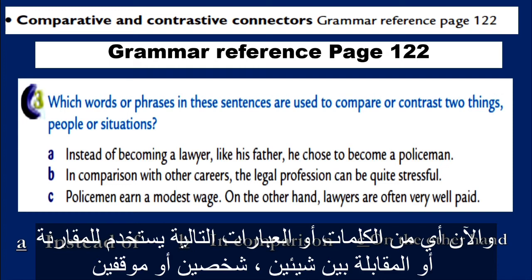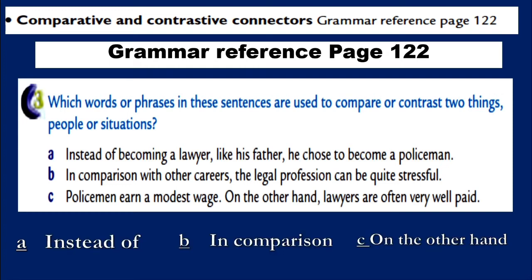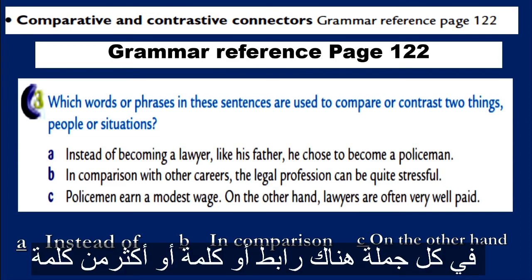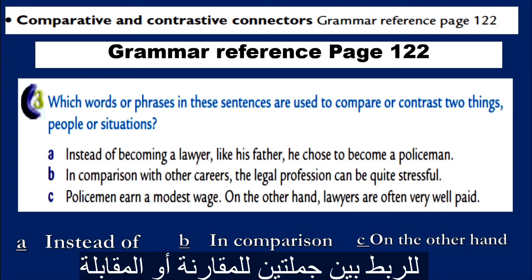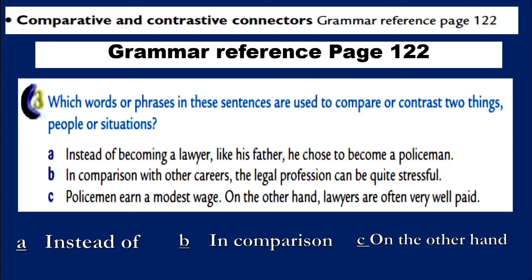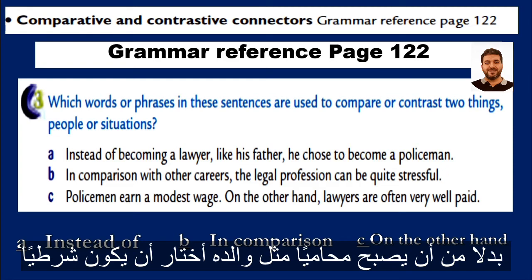Now you have here 3 sentences, A, B, C. In each one of them, you have a conjunction, a word, or more than one word that connect 2 sentences to contrast or to compare. Okay, you can get this? So we need to know which words or phrases that we can use here or we've used here to get this meaning. All right? Instead of becoming a lawyer like his father, he chose to become a policeman.